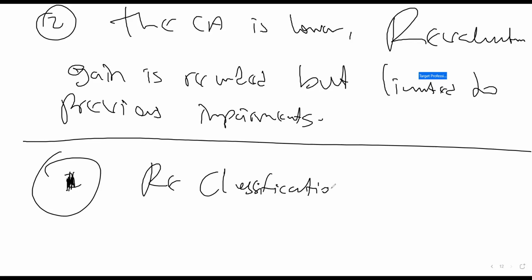An entity will classify an asset as held for sale, stop depreciating and everything. After 1 year, the asset is still there, and therefore we have to reclassify it back. Now, you have to calculate all the depreciation not charged. They've tried setting one of the questions, but it wasn't clear.